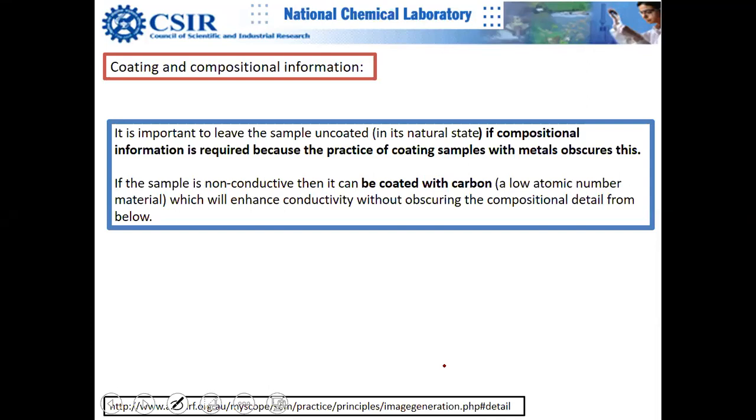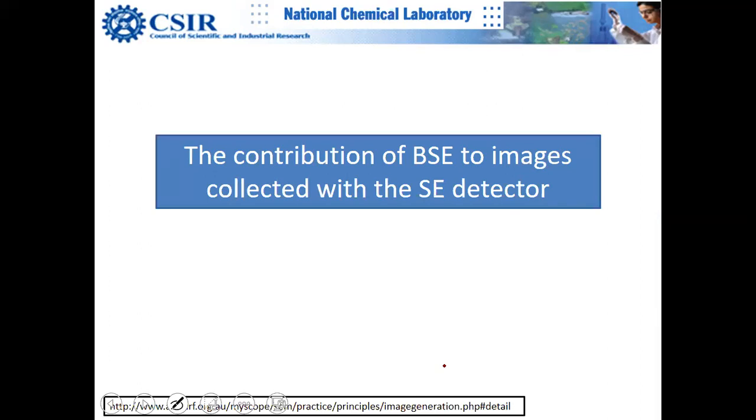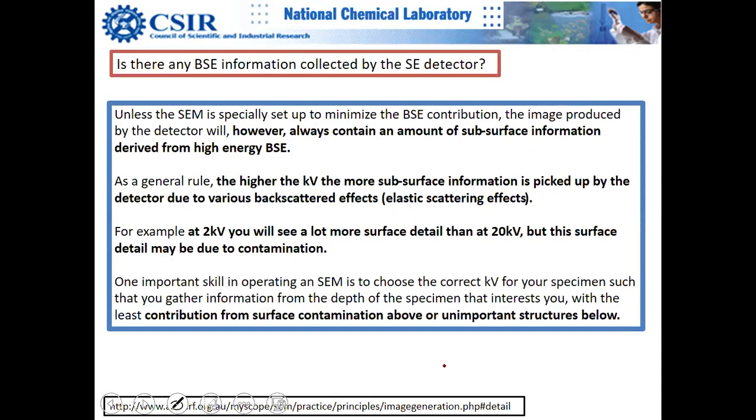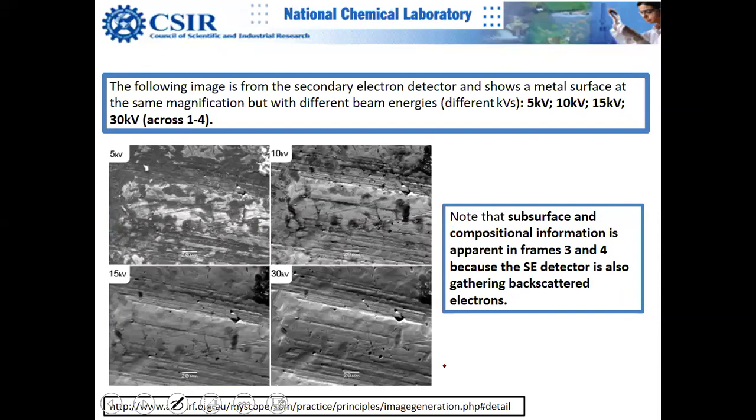And I also mentioned that in case you are having charging problems, ask the operator to coat with carbon, because carbon has very little backscattering. So you are safe if you're coating with carbon. Carbon you can coat, but don't coat anything else. This is already explained.